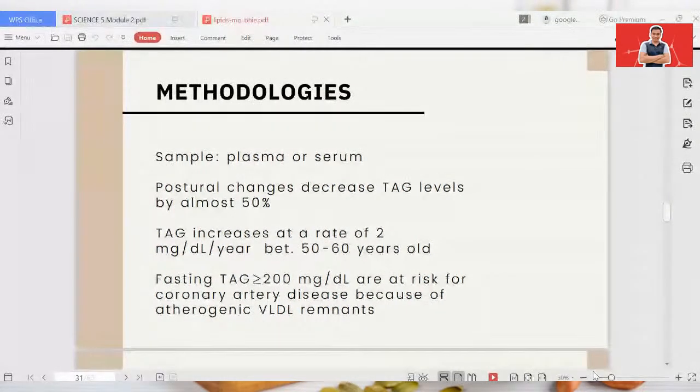Fasting triglycerides greater than or equal to 200 mg per dL clog the arteries with a build-up of fatty plaques that lead to heart disease. The normal fasting triglyceride is less than 100 mg per dL.